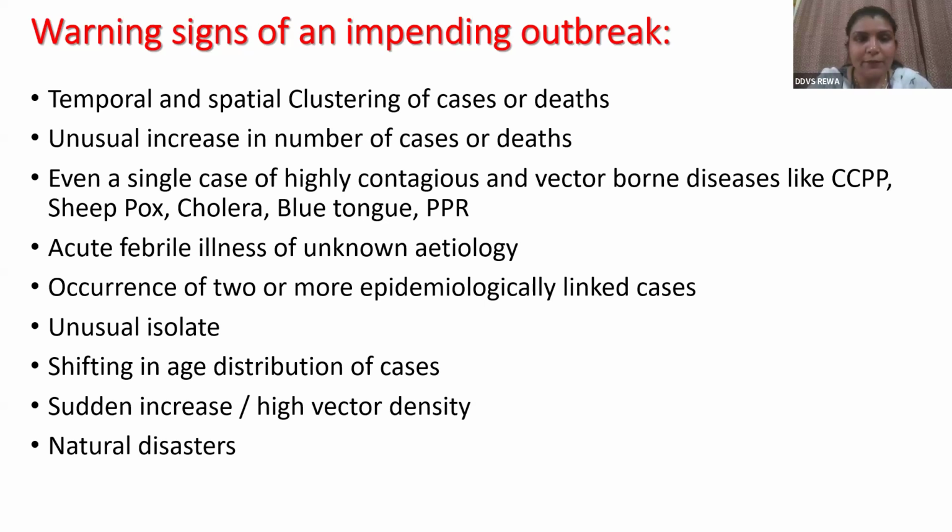If any illness occurs in a place and the etiology is not known, or the isolate is very unusual, then again the situation is an outbreak. If there is a shift in the overall species, age, or breed affected, or the occurrence of any disease in a new species, that is again an outbreak condition.